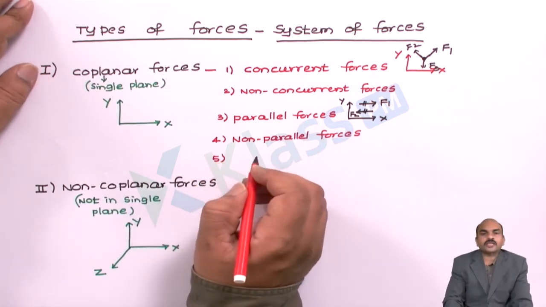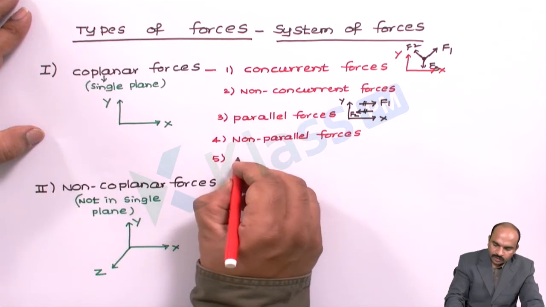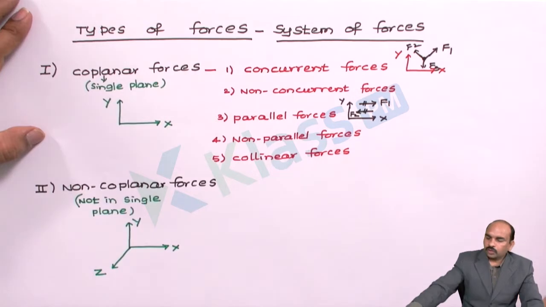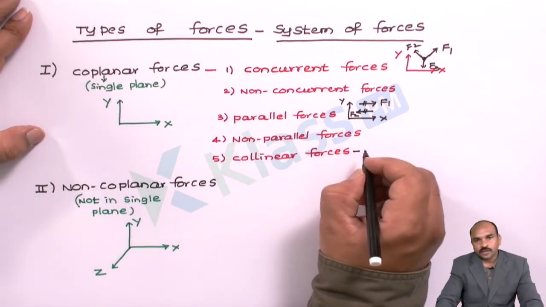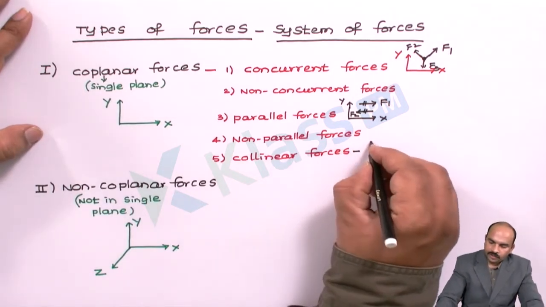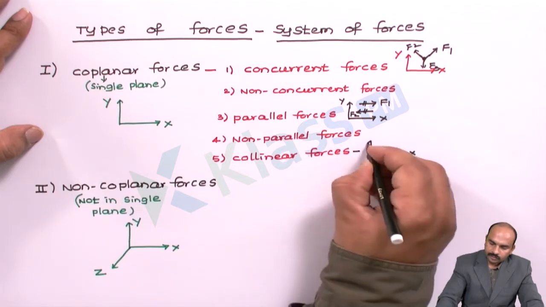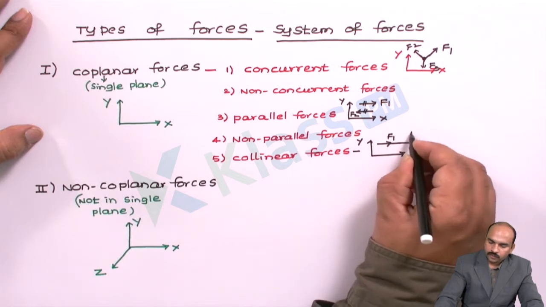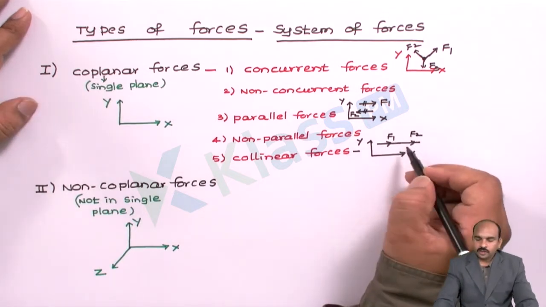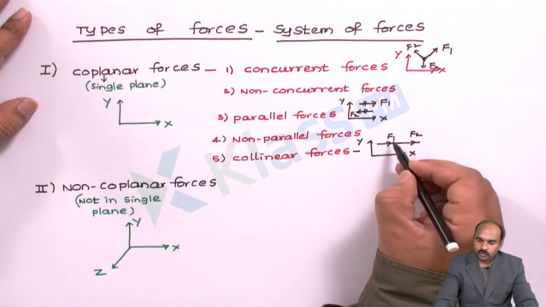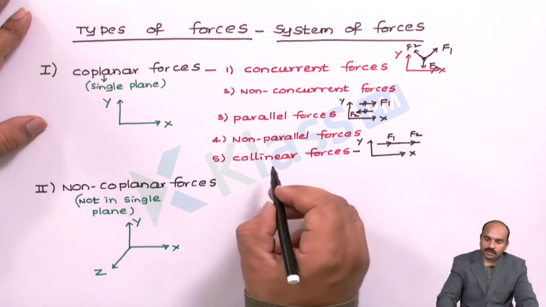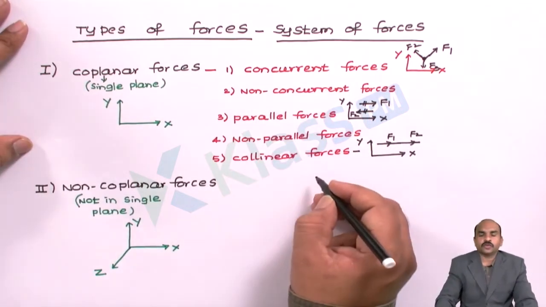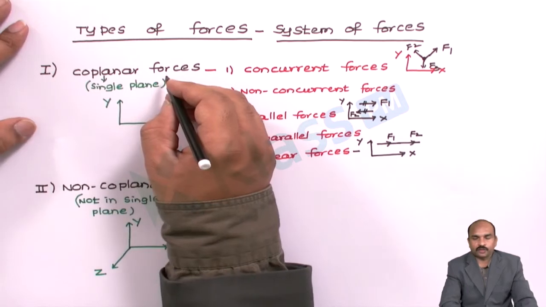Then the last one is collinear forces. Collinear forces means forces are in the same line. So let's take the force F1, force F2. Two forces are in the same line, so these F1, F2 are known as collinear forces. So these are the different types of forces under the coplanar forces.